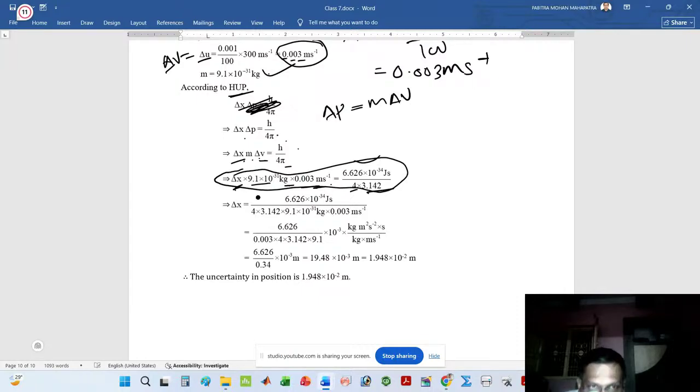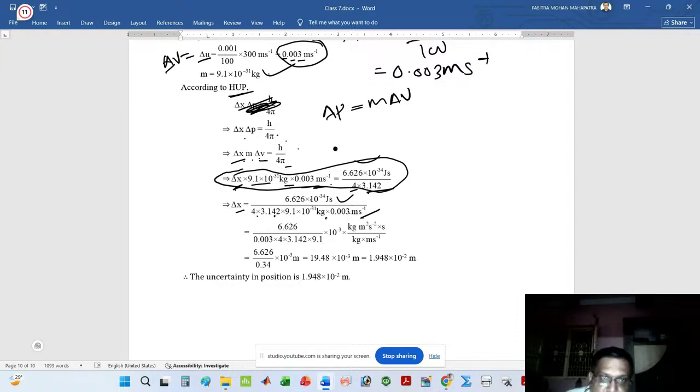If you want to simplify, here I can write del x is equal to how much? Change all the terms: 6.626 into 10 to the minus 34 joule second divided by 4 into 3.142 into 9.1 into 10 to the minus 31 kg into 0.003 meter per second.